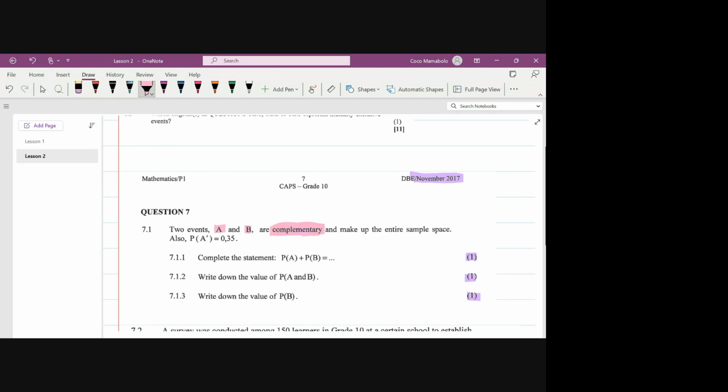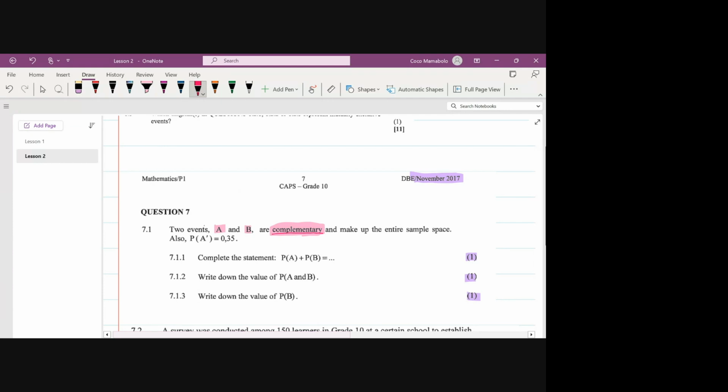complementary. That's a very important word. Remember, we spoke about the complement. We said that the complement of one must be one minus the other, correct?